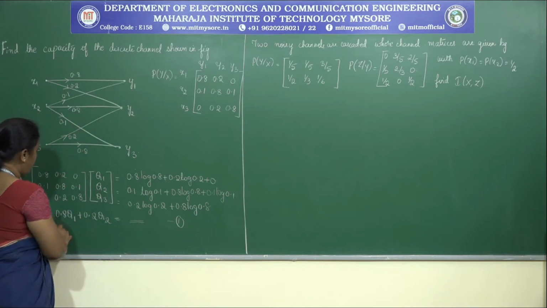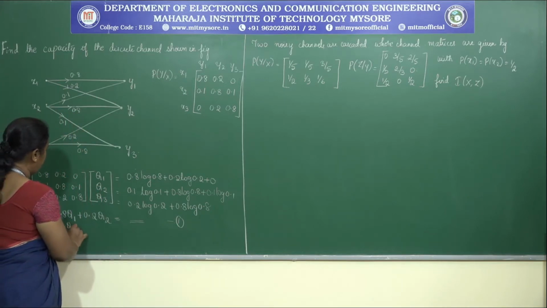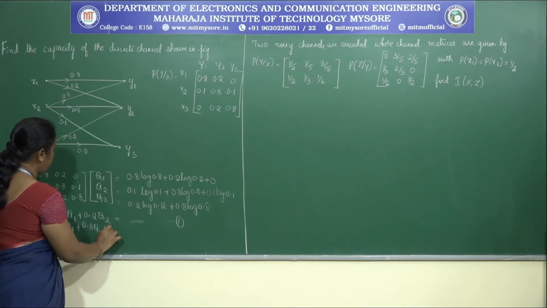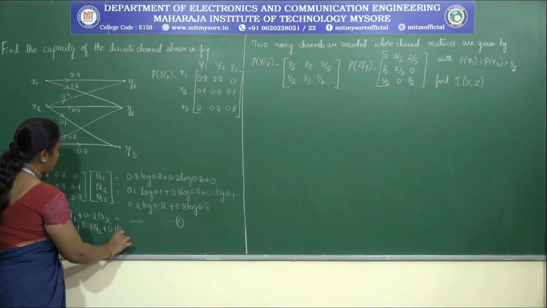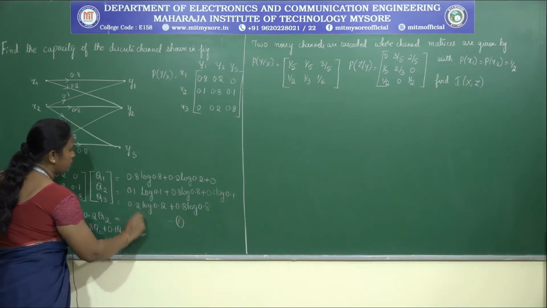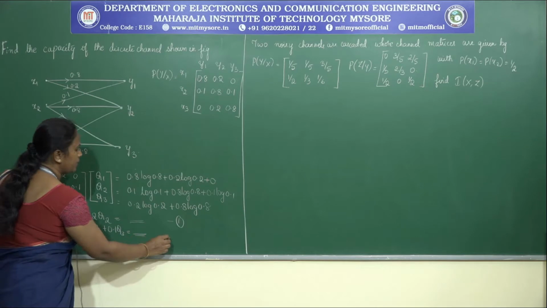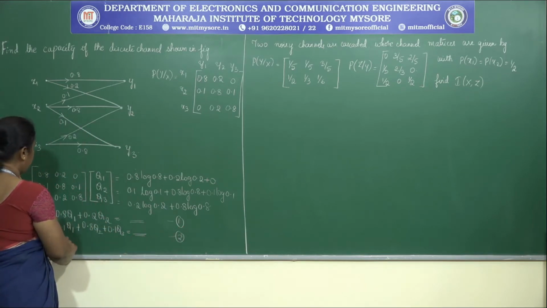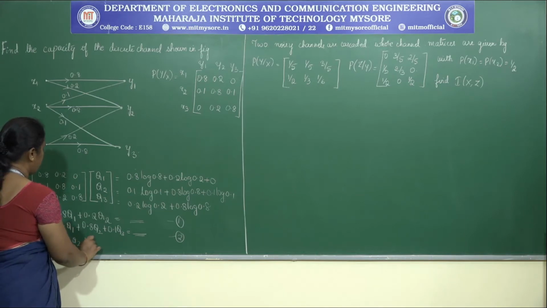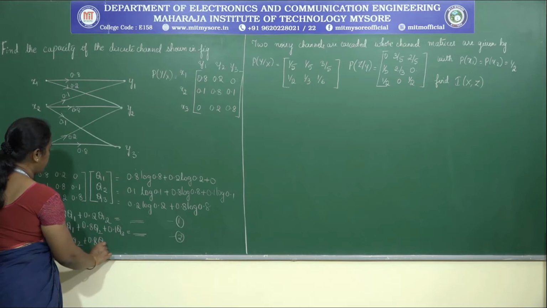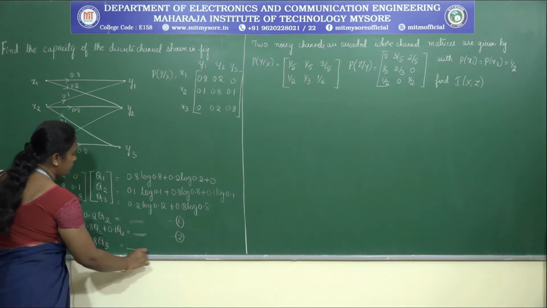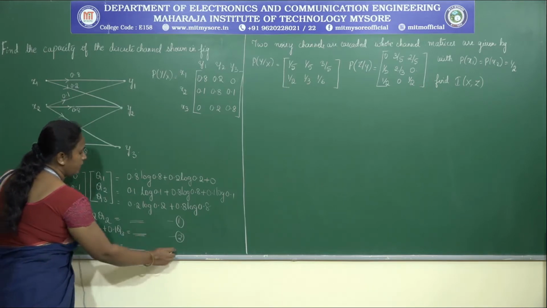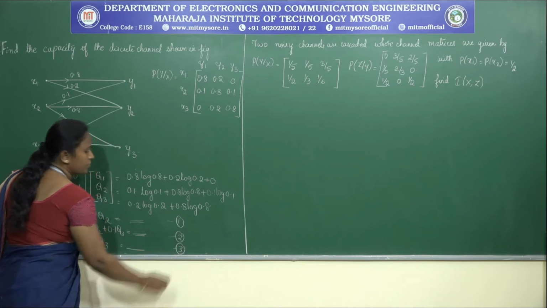Then we have 0.1 Q1 plus 0.8 Q2 plus 0.1 Q3 is equal to, simplify this one and you will get the second equation. Then once again we have 0.2 Q2 plus 0.8 Q3 is equal to, simplify this and you will get some value, represent this by equation 3.